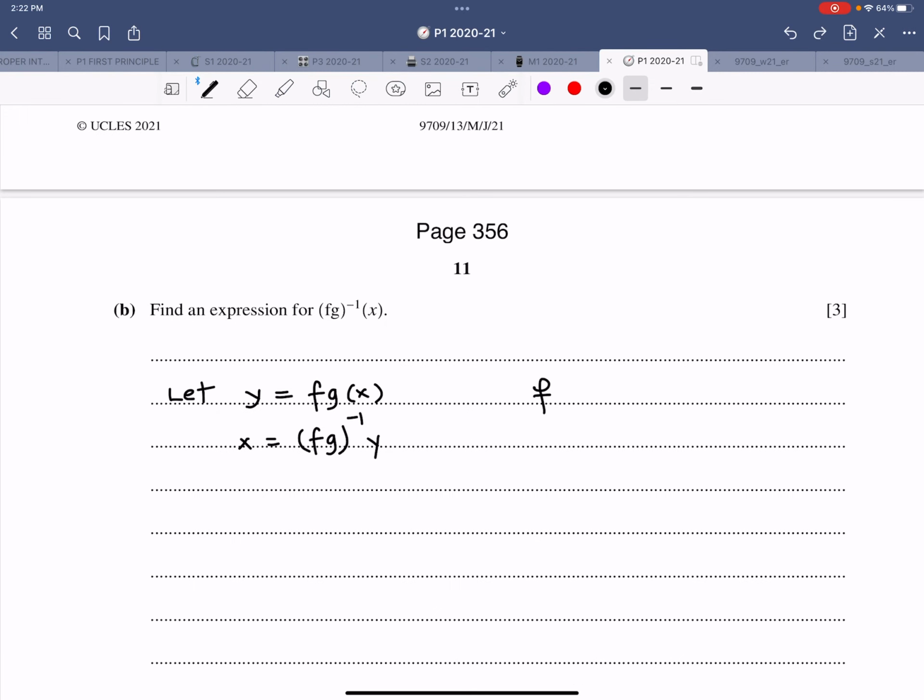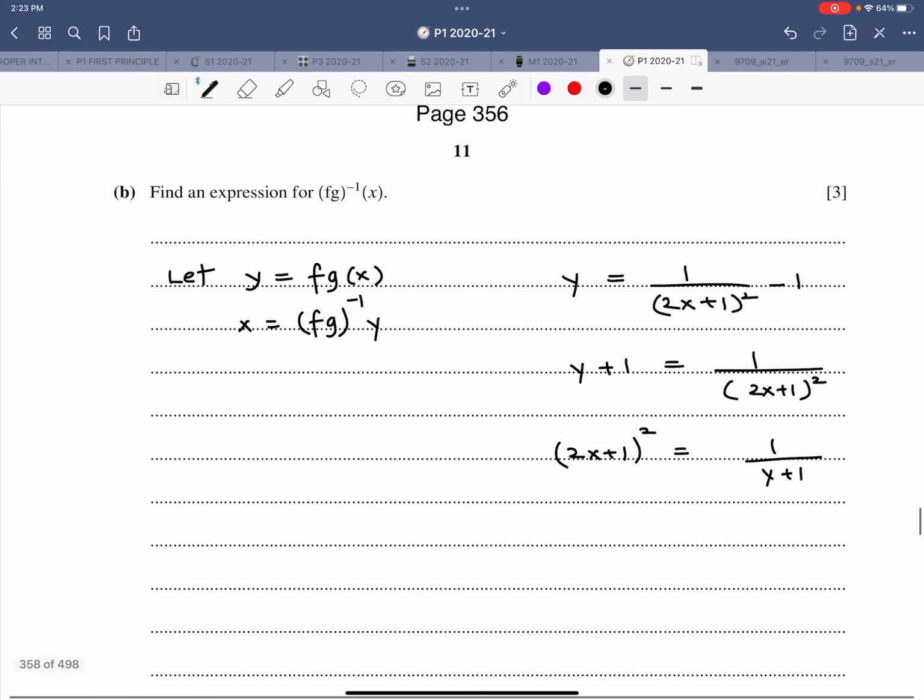So y equals 1 over 2x plus 1 whole squared minus 1. And now I'm making this thing the subject. So therefore y plus 1 is 1 over the bracket squared. Bracket squared, cross multiply, is 1 over y plus 1.